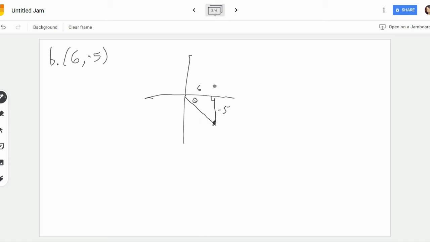You can find the third side by doing the Pythagorean theorem. So that's 6 squared plus -5 squared, and we're finding r. I get 61. But keep in mind that's r squared, and 61 is not a perfect square, so we're just going to have to leave it as square root 61.